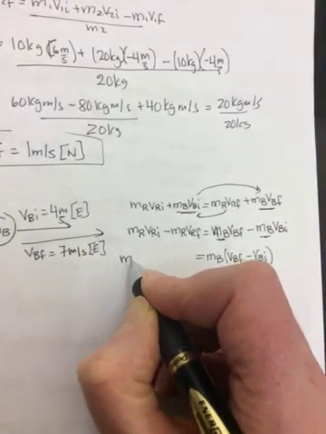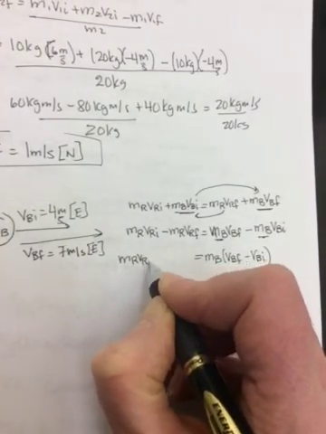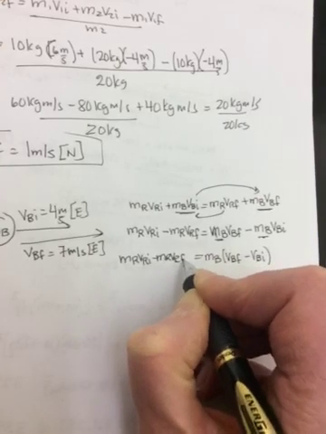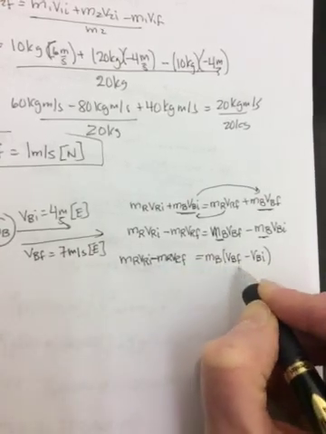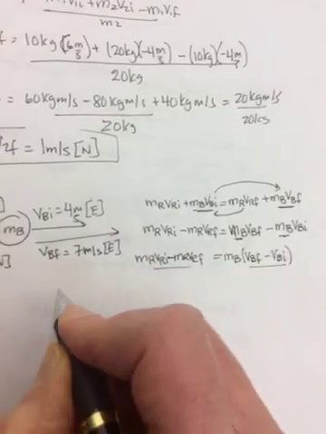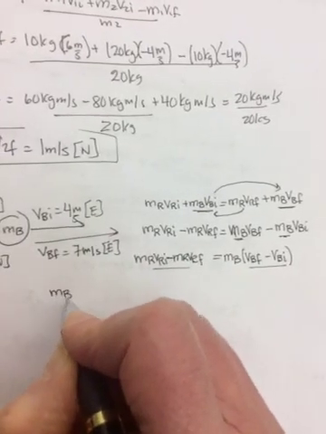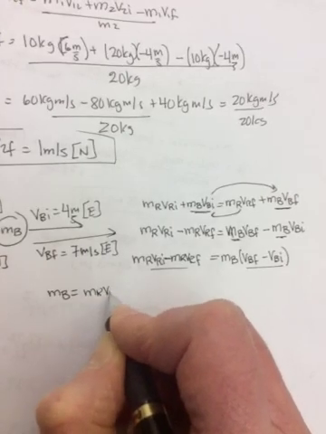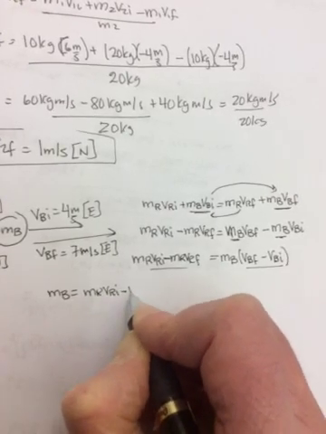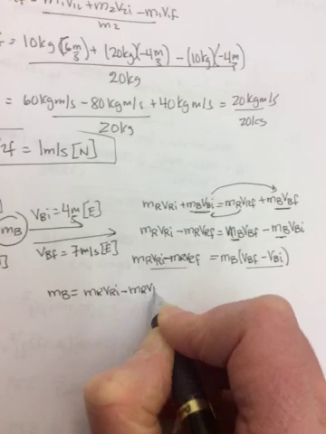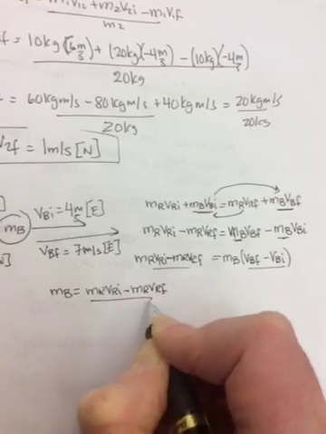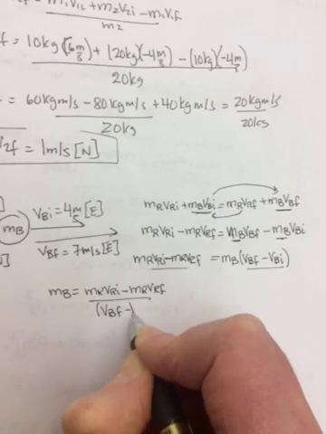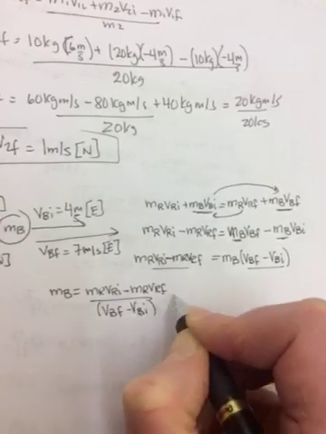And on this side it's still m red, v red initial minus m red, v red final. And now to get the mass of the blue by itself, divide by the bracket. So we'll have m blue is equal to m red, v red initial minus m red, v red final, divided by v blue final minus v blue initial.